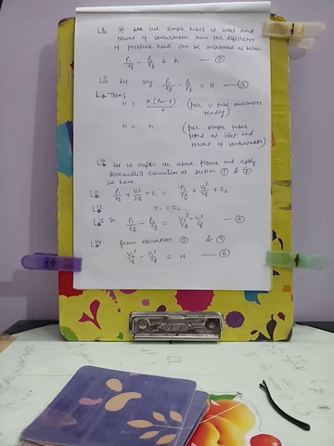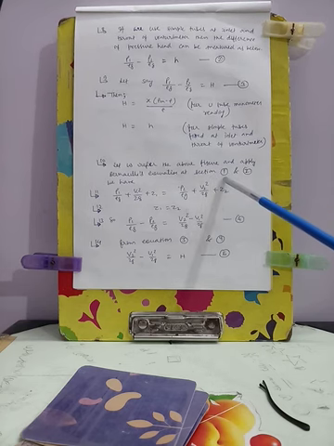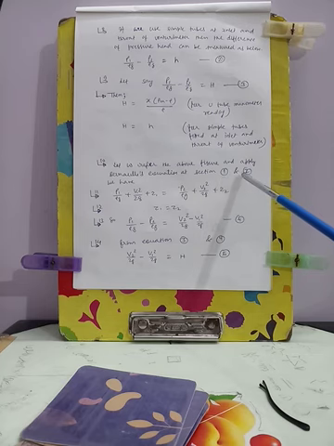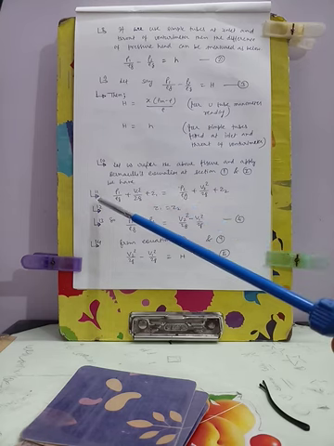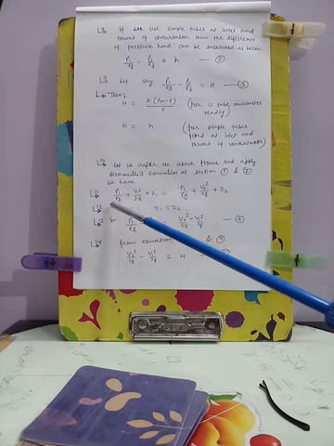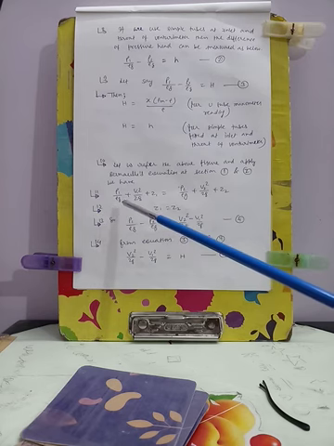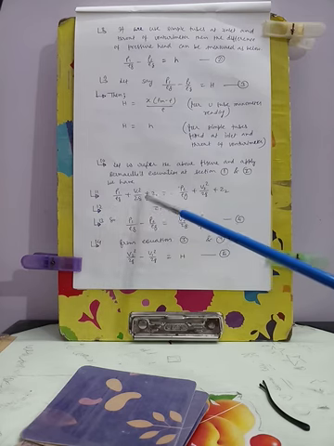Now this is the main thing in this venturimeter. Refer to the figure of the venturimeter. Let us apply Bernoulli's equation at section 1 and 2. Section 1 is the inlet of the venturimeter, that is the pipe section, and section 2 is the throat of the venturimeter. As per Bernoulli's equation, total head at section 1 will be P1 by rho g plus V1 square by 2g plus Z1.